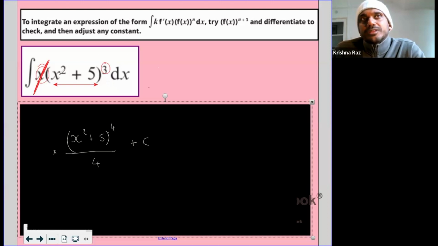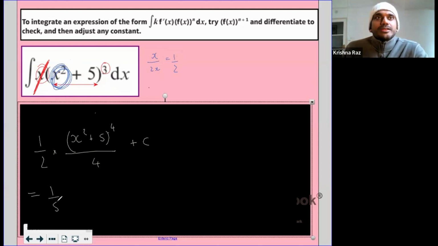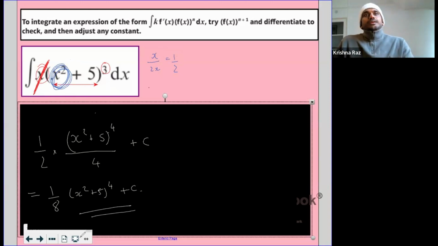So in our head we can think, well, actually, this will differentiate to 2x, and once I get x over 2x, that will give me a half. So I'm going to times everything by a half. So I'll get 1/8 of (x squared plus 5) to the power 4. So we got the same answer as before, but that would be using the reverse chain rule.